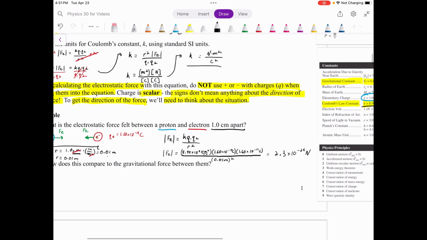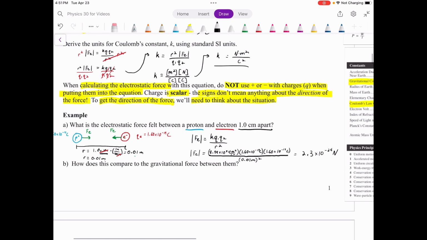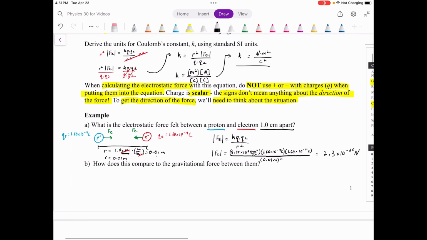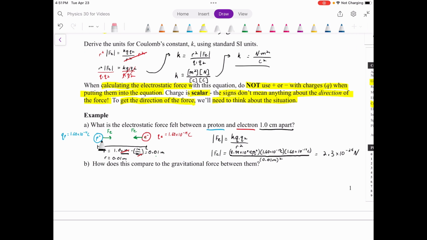Now, it's a force, which is a vector, so we should be thinking about direction. However, here it depends who you ask which direction it is. It didn't tell us the proton was on the left and the electron was on the right, but the proton feels a force of attraction in one direction, and because the electron's over here, it feels a force of attraction in the total opposite direction.